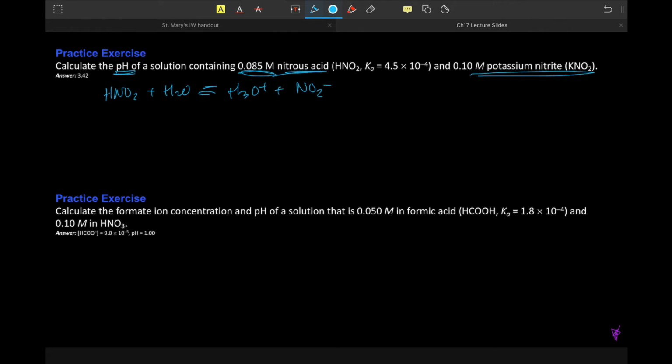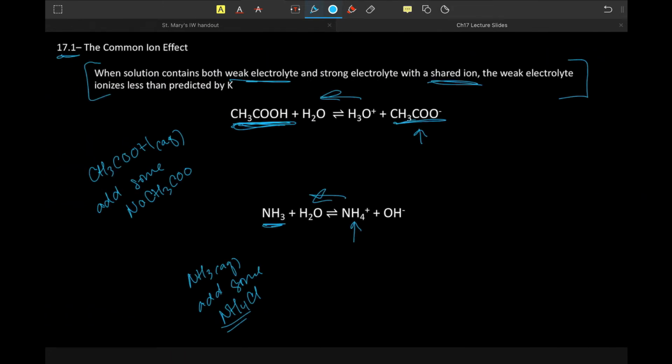But based on the rule, if we have this ion in solution, this dissociates less. So much less, in fact, that we don't need to worry about how much dissociates with respect to the concentration of added ion.